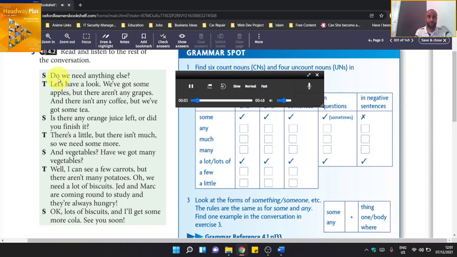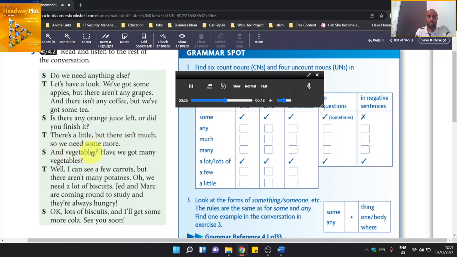4.2. Do we need anything else? Let's have a look. We've got some apples, but there aren't any grapes. And there isn't any coffee, but we've got some tea. Is there any orange juice left? Or did you finish it? There's a little, but there isn't much, so we need some more.